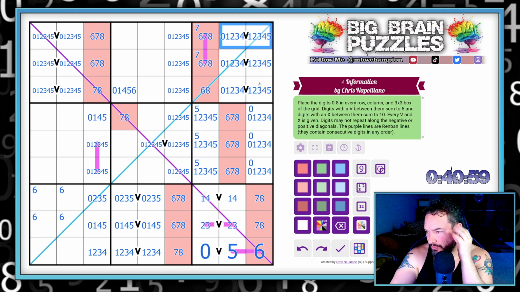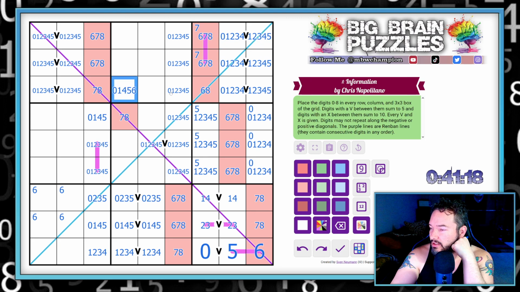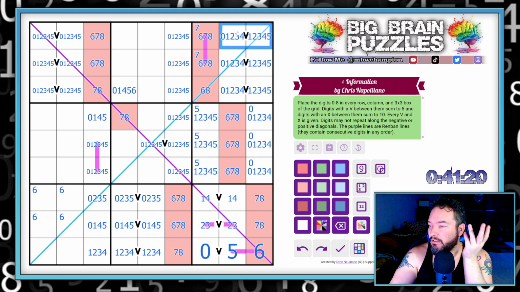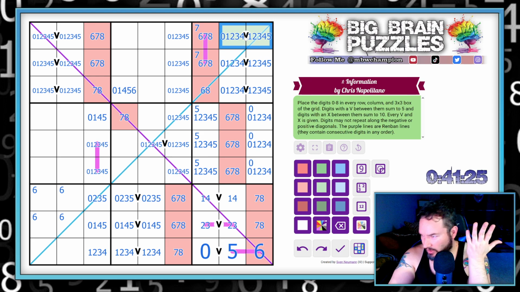I'm just gonna color code these really quick. I just need to visualize something. So if, oh wait a minute. Oh wait, no, this could be a 6. Okay. If this was anything, let's just say it's a 0, 5.